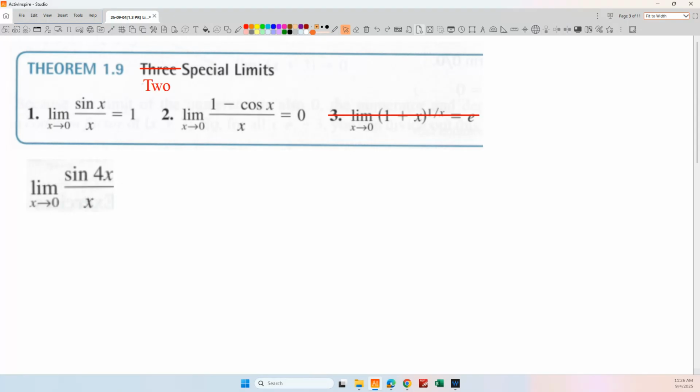I'm going to rewrite this one for just a moment, though. Maybe this will help a little bit. What if I take limit 1 and I write it with a theta instead of an x, which is trivial, but because I've got x's here, maybe that'll help. Okay. So the limit of sine theta over theta as theta goes to 0 is 1.